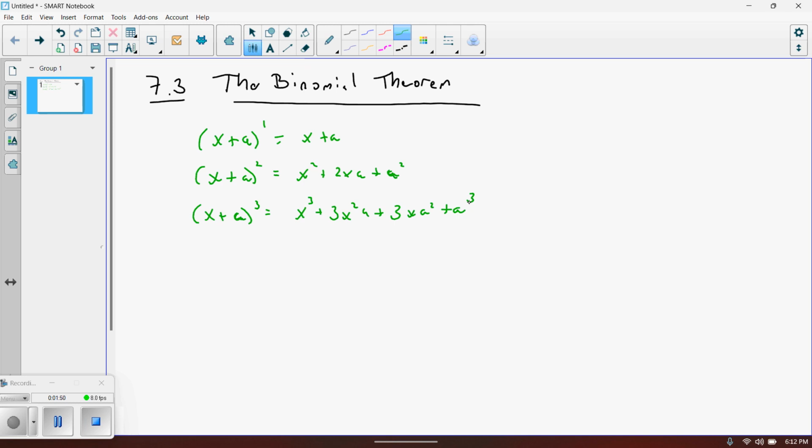And I know this because I know the binomial theorem, or I know something similar to the binomial theorem that's going to help me to do that. We could go ahead and expand out x plus a to the fourth, and we could keep going if you know some basic things.